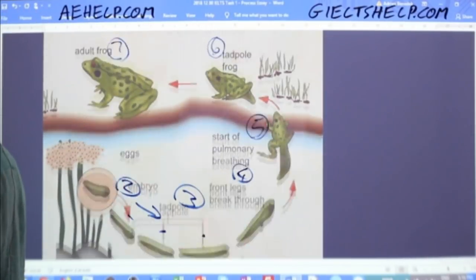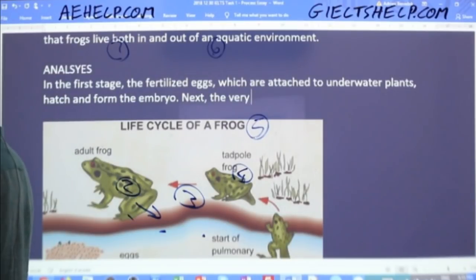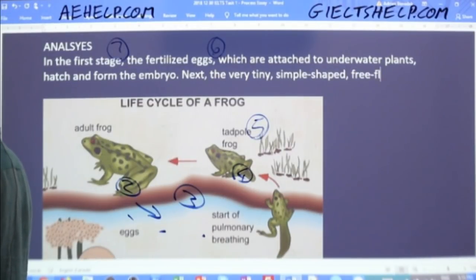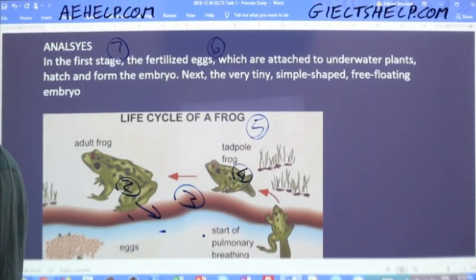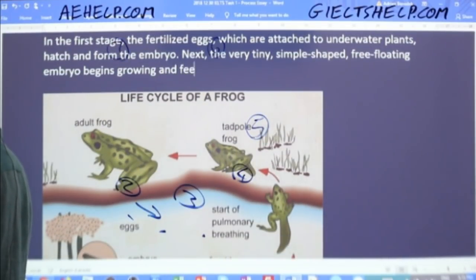So here we go. Next, the very tiny, simple-shaped, free-floating, if you want to get really fancy, embryo begins growing and feeding.